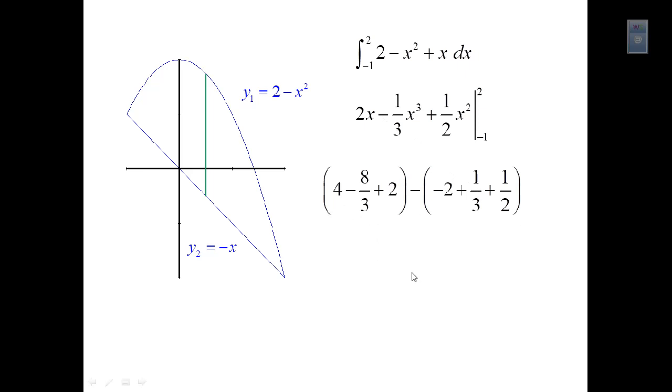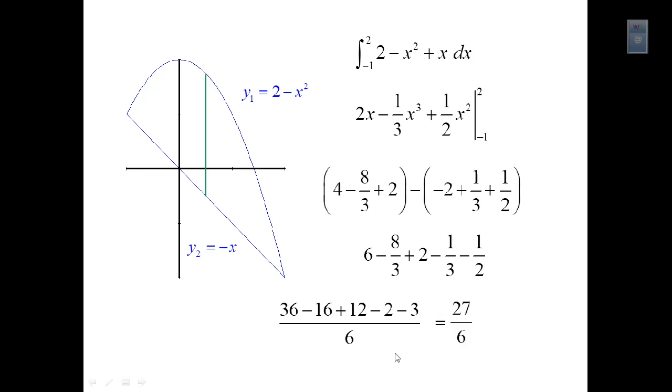So then when we simplify all that down, we get 9/2. So the area enclosed by these two blue functions there is 9/2 of whatever units we're using here.